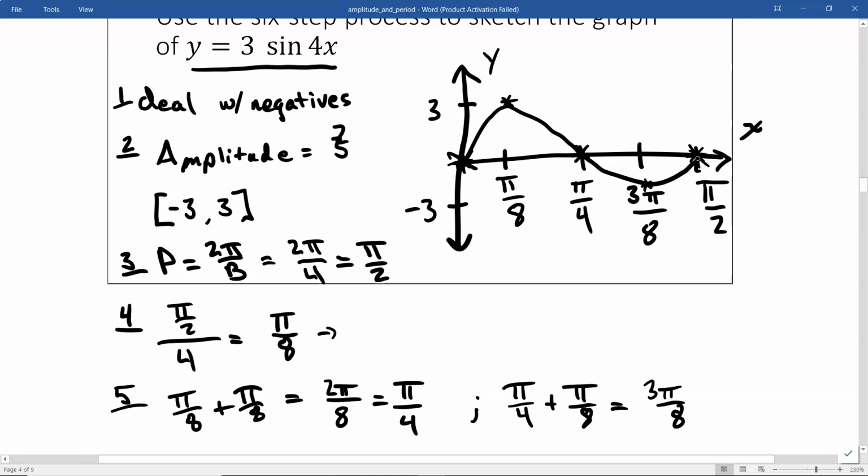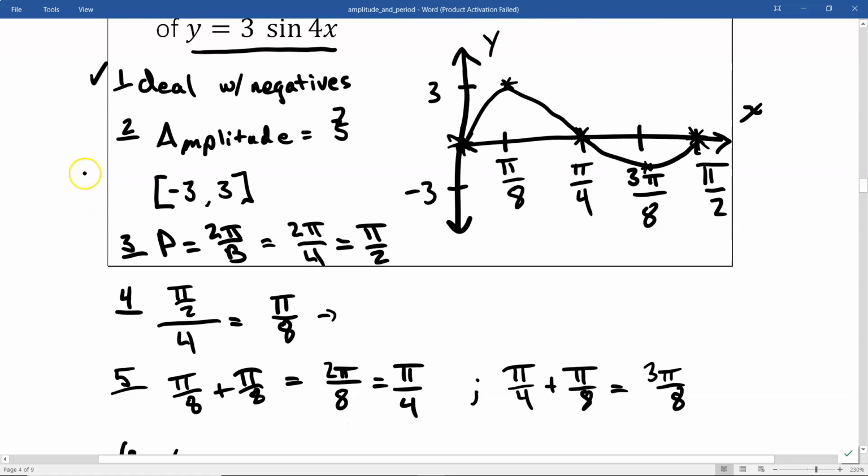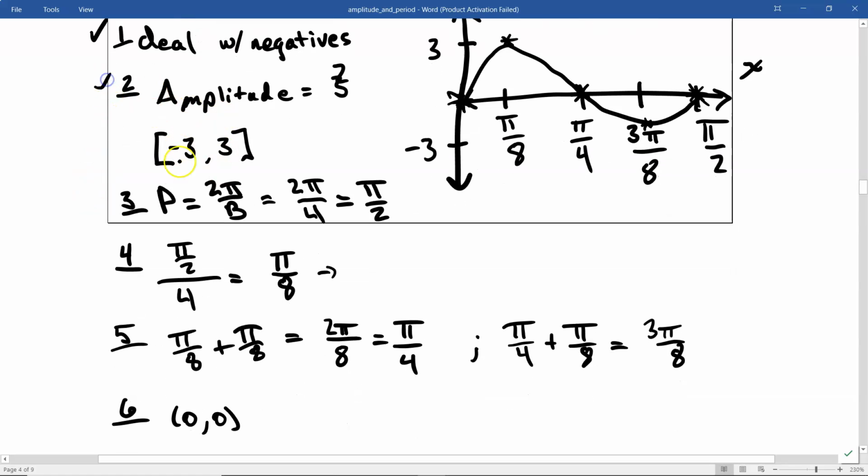So first you deal with the negatives. Then you find the amplitude and the range. After you find the amplitude and range, you can mark your y-axis. Then after you mark the y-axis, you can start working on the x-axis by finding the period, which tells you the maximum. After you find the period, you can find how big each of these 4 sections are, which in this case is pi over 8.